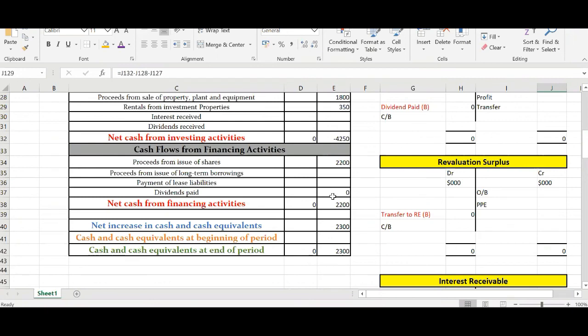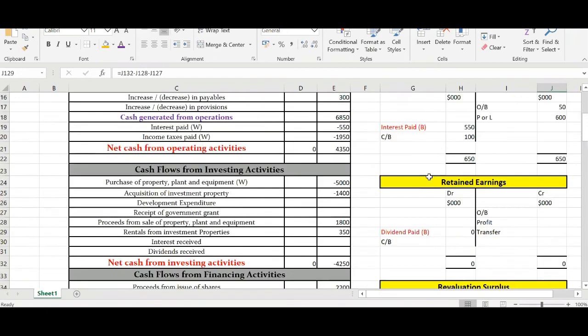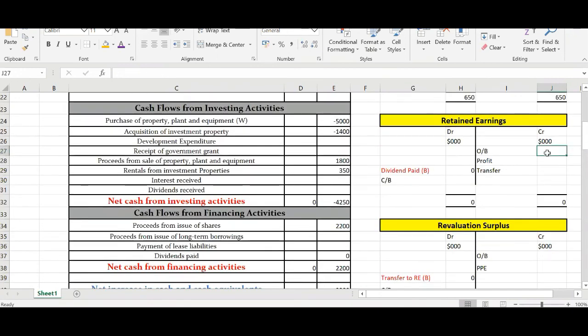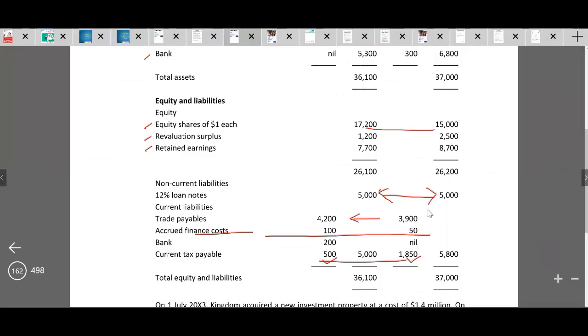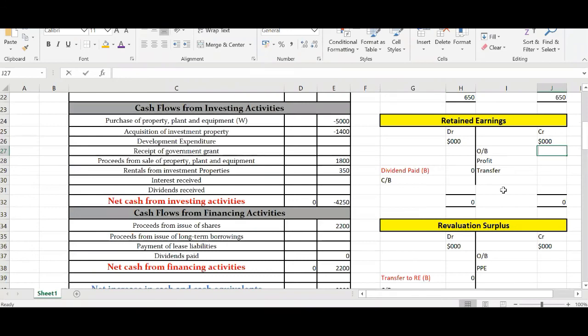the dividend paid. Yeah, we have to calculate it from the retained earnings account. So we'll go to the retained earnings, and let's see the opening balance of the retained earnings is 8,700. Closing balance is 7,700. So 8,700 and 7,700.